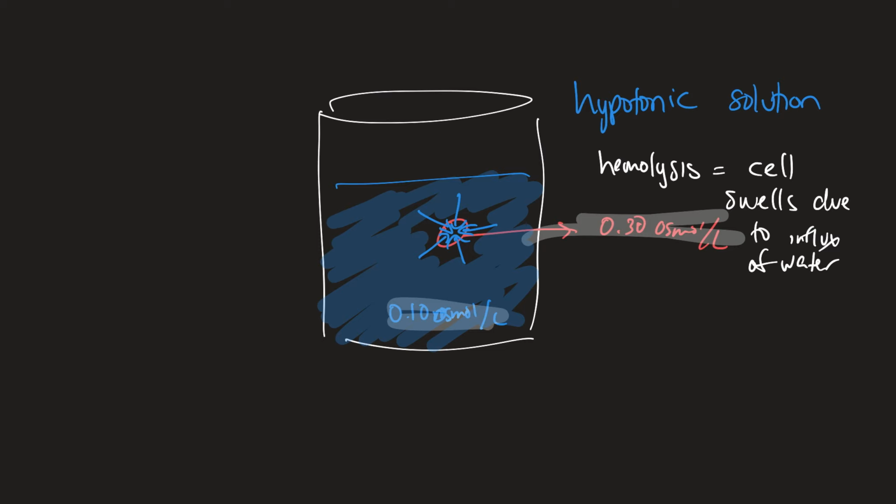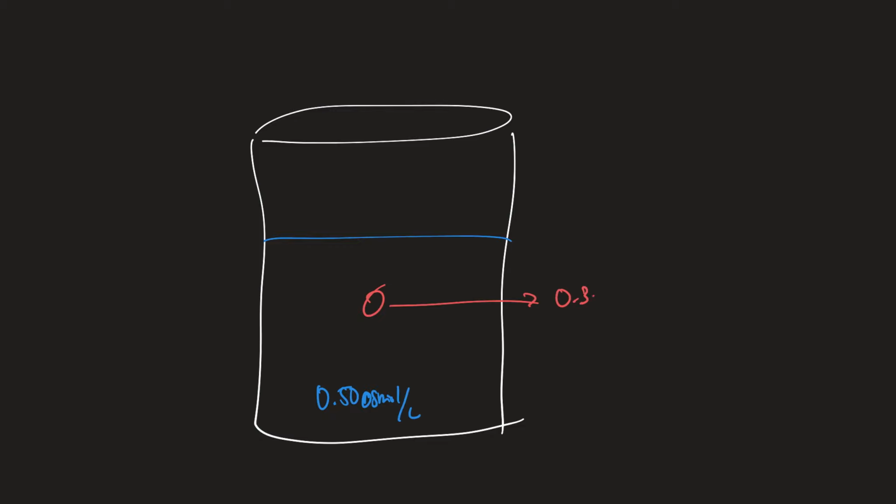Now the last condition is the opposite. Let's say we have a solution with an osmolarity of 0.50 osmol per liter, and our cell here is still 0.30 osmol per liter. What's going to happen?